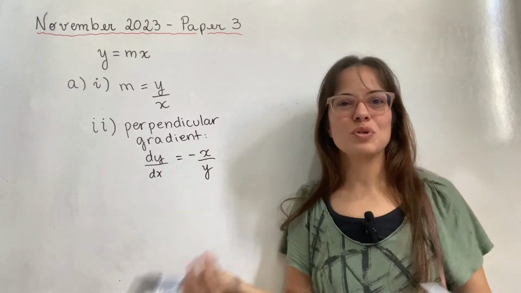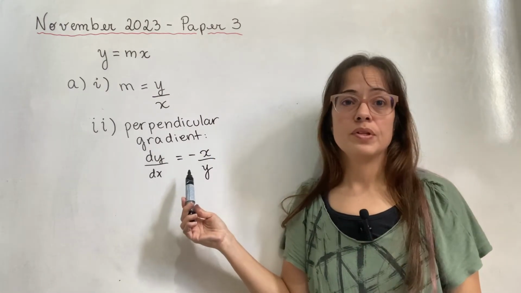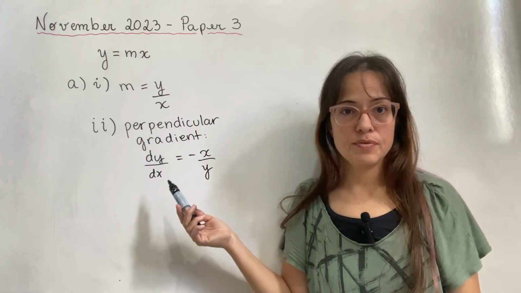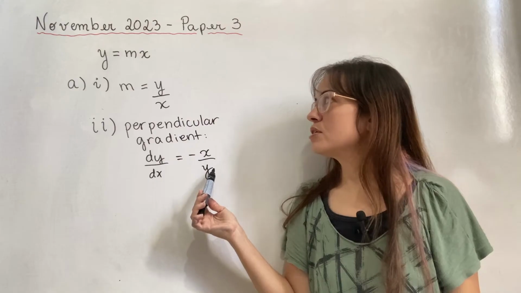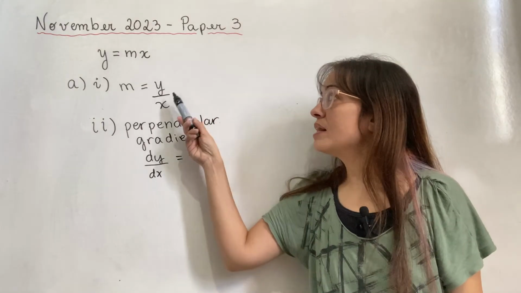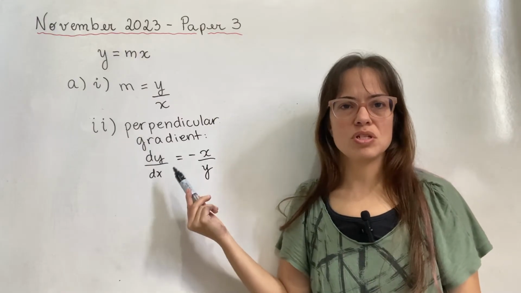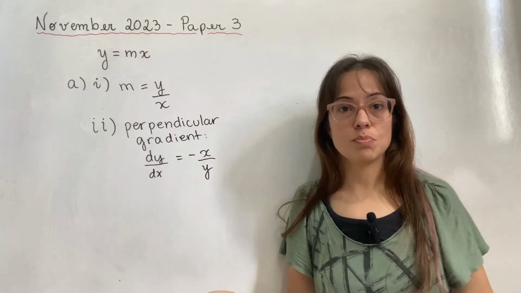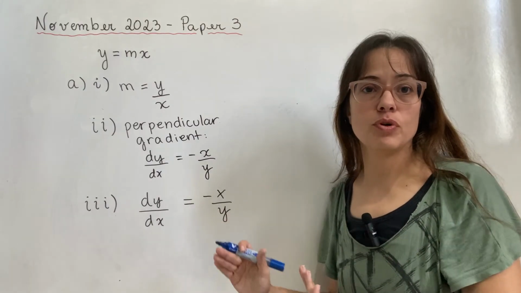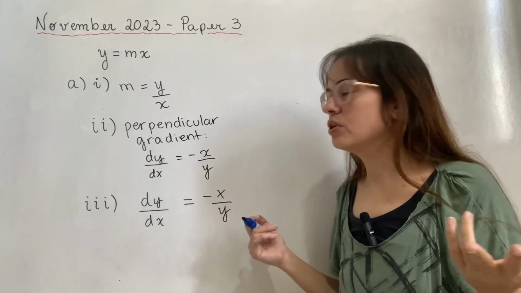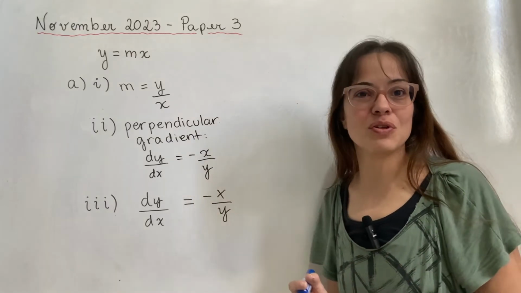So I have to put the word perpendicular in there somehow because this is why the gradient of the green curves is going to have to be minus x over y because it's perpendicular to the gradient of the red lines, which was y over x. So in this one, you just have to show that you understand that this is about being perpendicular. Well, but the next 2 marks are just a simple differential equation to solve. You can just do that even if you don't understand what's going on in the context of the question.